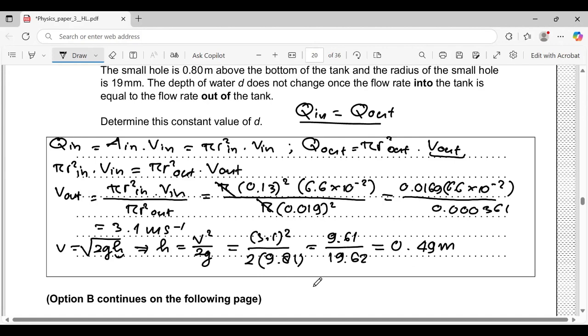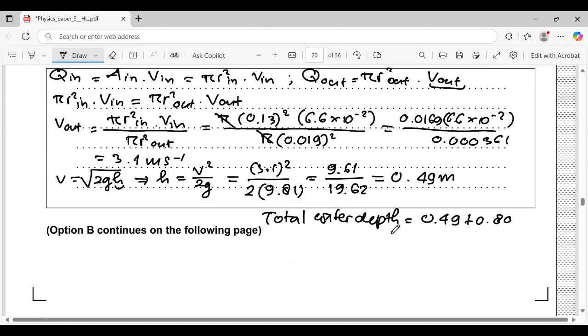So the total water depth equals 0.49 plus 0.80. The small hole depth is 1.3 meters. So the answer is 1.3 meters. Next question.